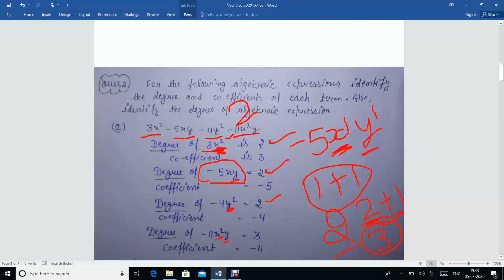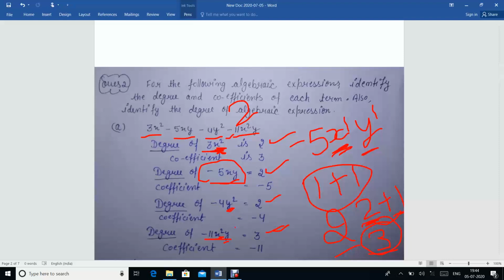Means 3 will be the degree of the term minus 11x square y, because after adding the powers of the variables x and y we get 3.